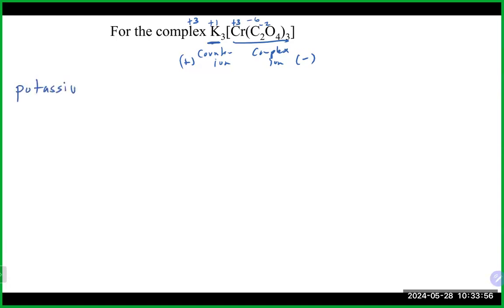Once again, it doesn't matter really how many you have of them. It's just going to be called potassium. Now, because our complex ion is negative here, we do have to go with chromate, the older school name rather than chromium in this case because of the negative ion.